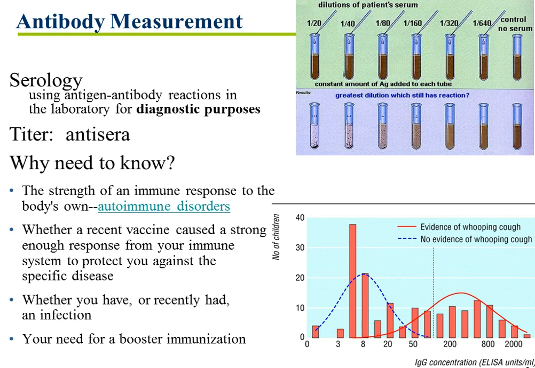Antibody titer is just the concentration of antibody in the patient's blood. You are analyzing the serum concentration of antibody.